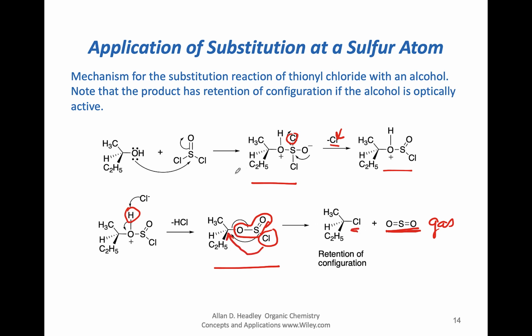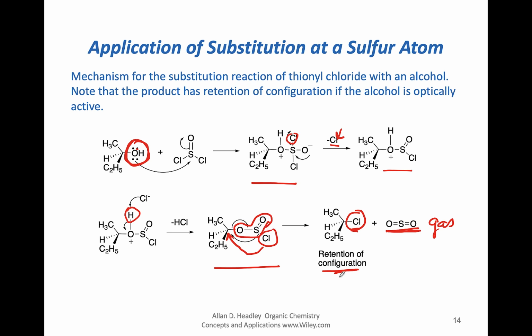So bottom line is, we can convert an OH, which is a poor leaving group, into a Cl, which is a good leaving group. Notice the retention of configuration, because the reaction is taking place at this oxygen and the chlorine is coming back from the same site the sulfur dioxide is leaving.